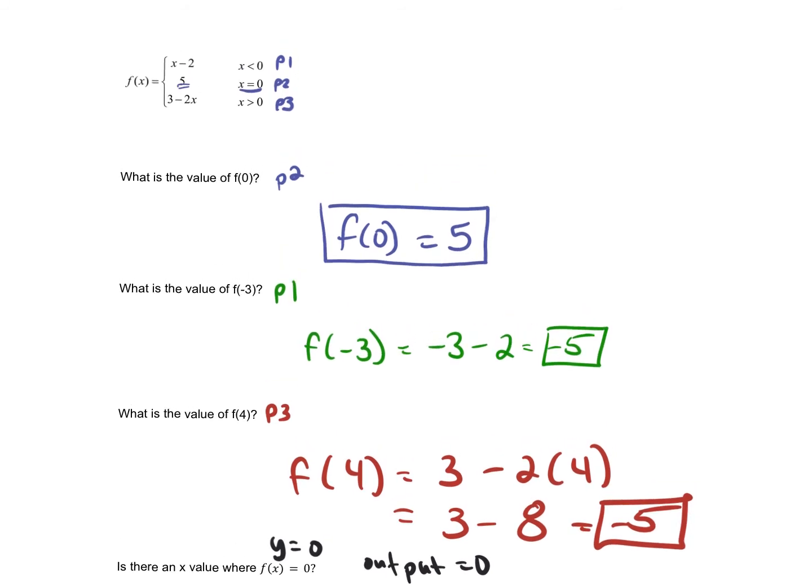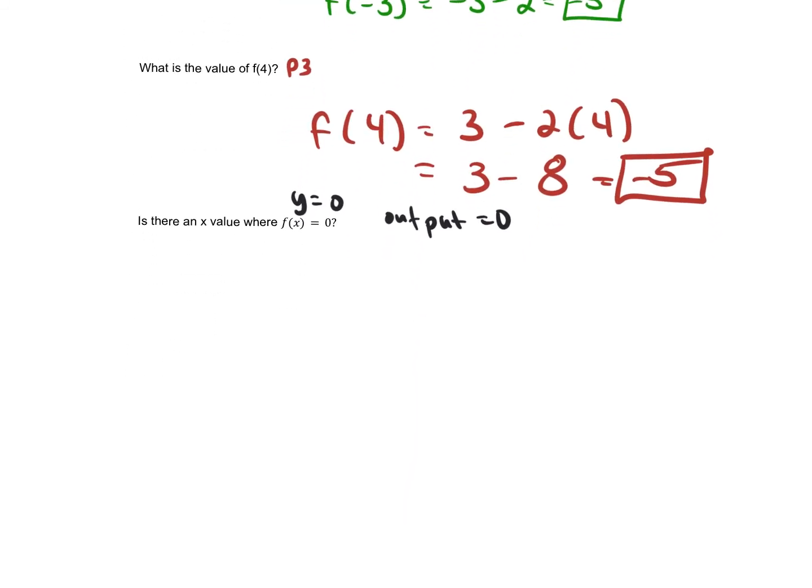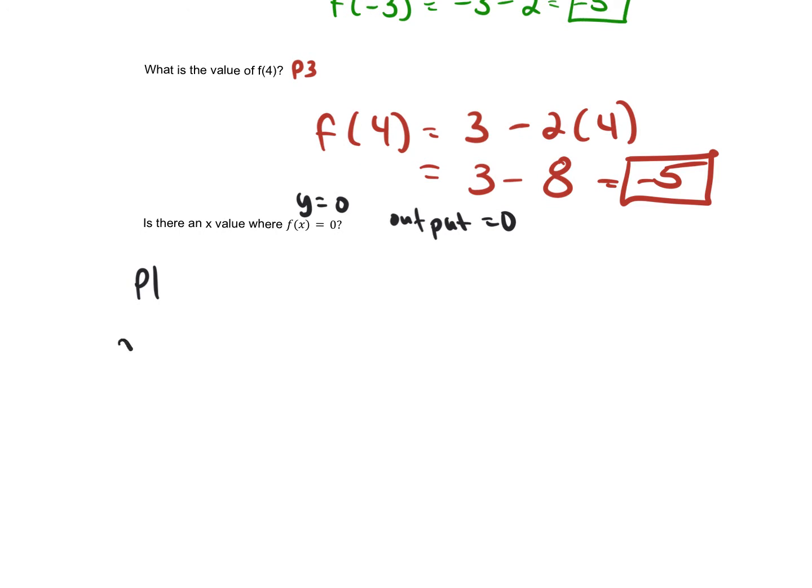So if you look at these three expressions, there are three pieces we have to check. So piece 1 was simply x minus 2. And then piece 2 was just the number 5, and piece 3 was just 3 minus 2x. So if I want to know if this is ever 0, for piece 1 it says it's 0 at x equal 2.